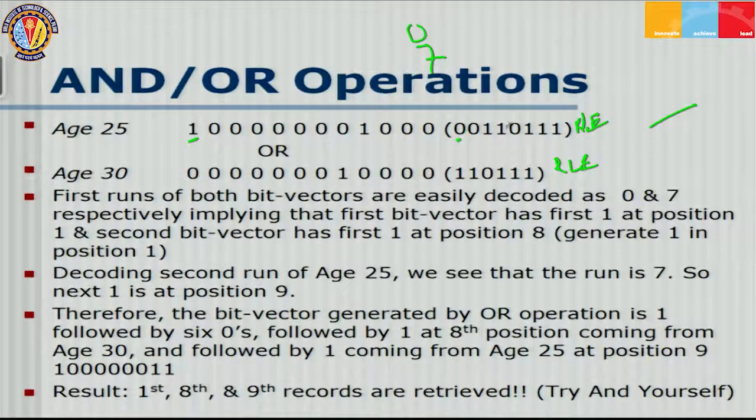The first 0 is at position 1, so j is equal to 1. When j is equal to 1, how many zeros are there? There are 0 zeros, so it starts with a 1. So the first bit vector has its first 1 at position 1 and the second bit vector has its first 1 at position 8. So I'm doing an OR, so I generate a 1 in position 1, and the next one is at position 9, because there are 7 zeros in between.